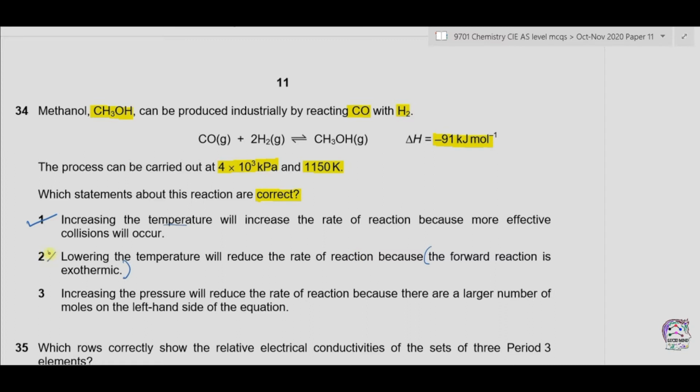So 2 is incorrect. 3. Increasing the pressure will reduce the rate of reaction because there are a large number of moles on the left side of the equation. Now increasing the pressure makes the gas molecules come close together and the rate of reaction will also increase. So 3 is incorrect. As only option 1 is correct, therefore the answer is D.